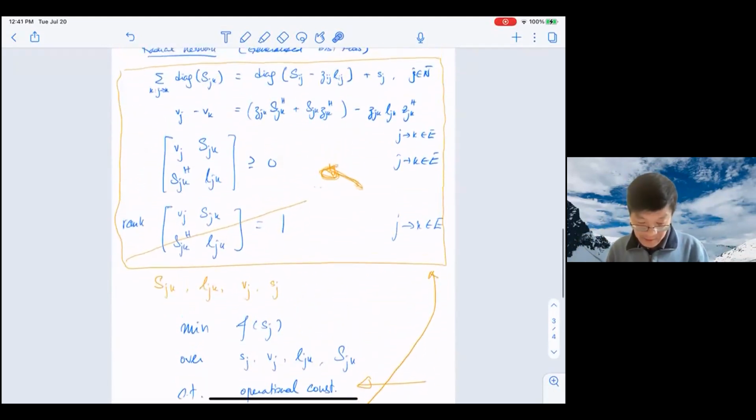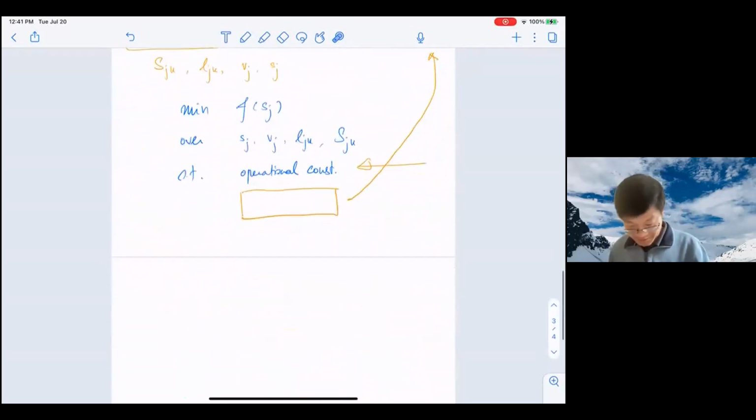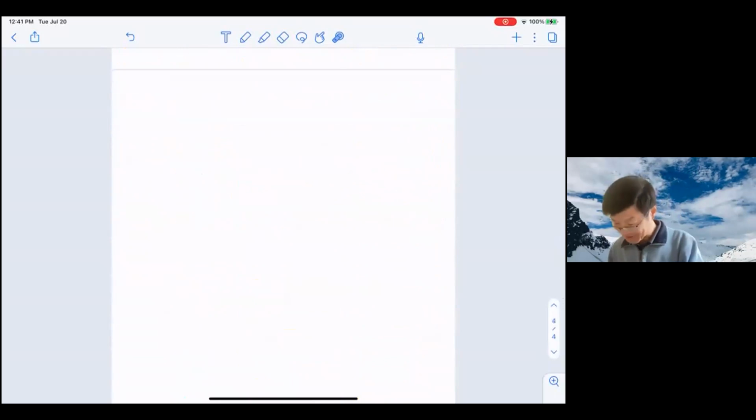That's a much simpler SDP relaxation than a full SDP. Okay, so that's the relaxation. Let me see. Okay. Oops. Still run out of time. Okay. Let me just then quickly explain what the linearized model is, so I can ignore this.